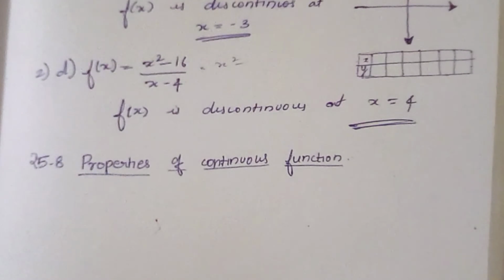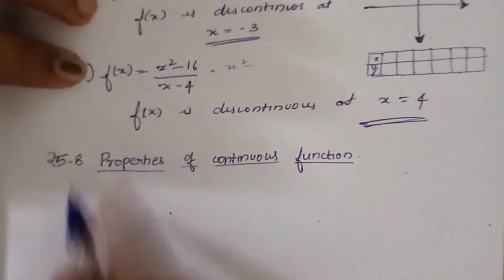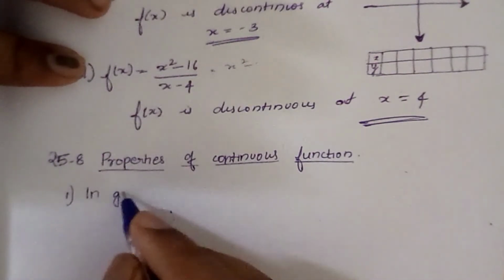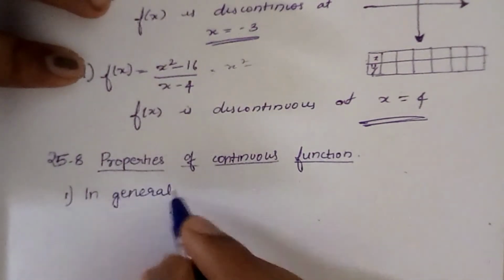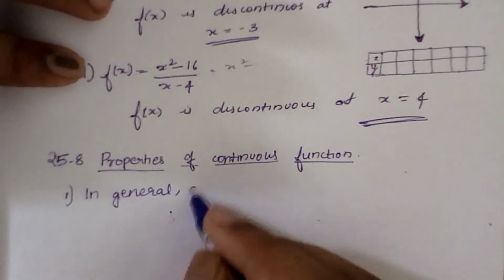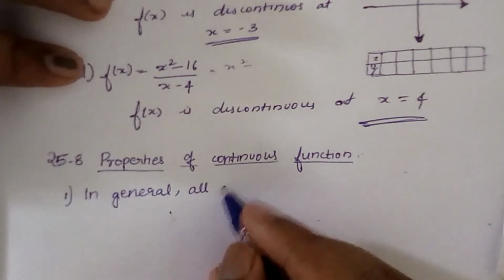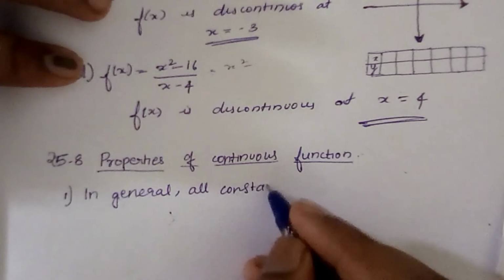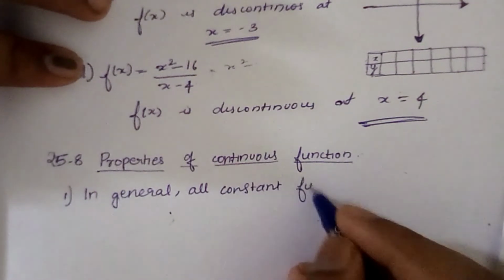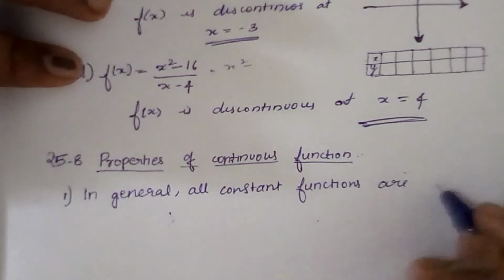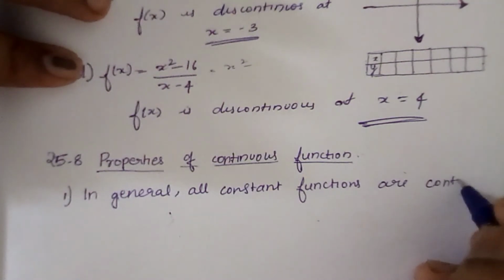The first point we need to understand is that, in general, all constant functions are continuous.